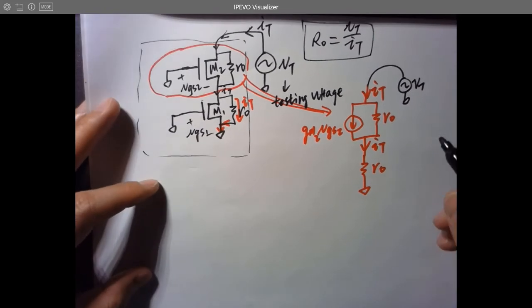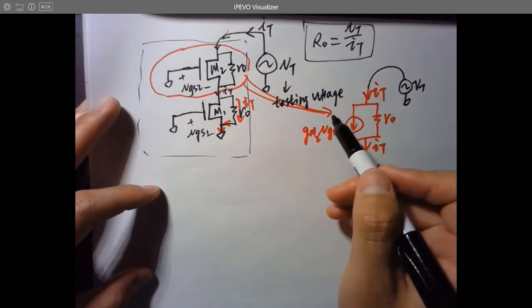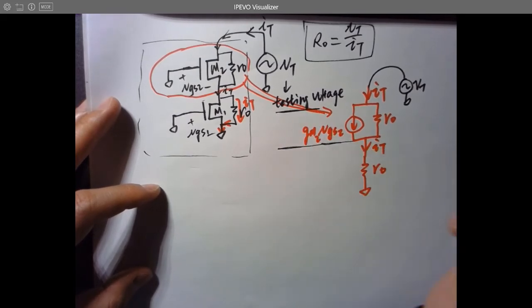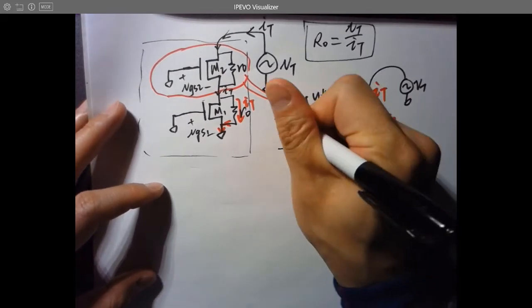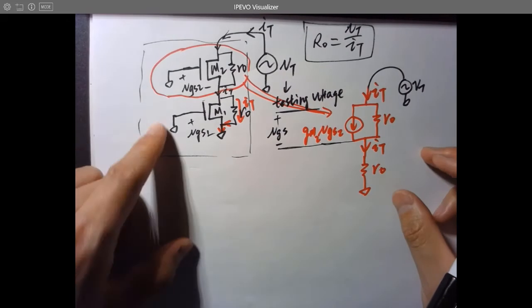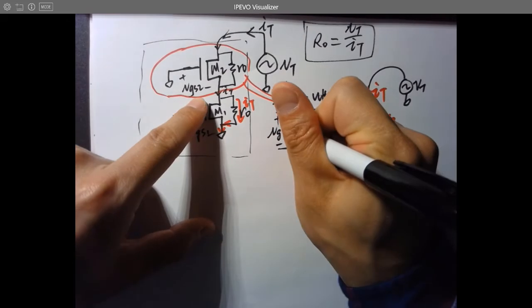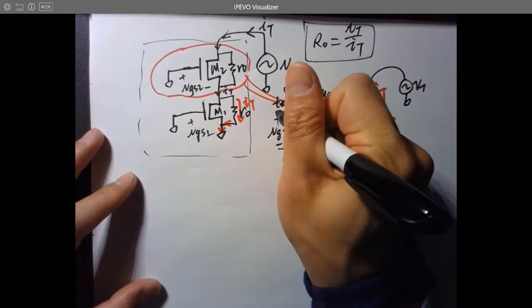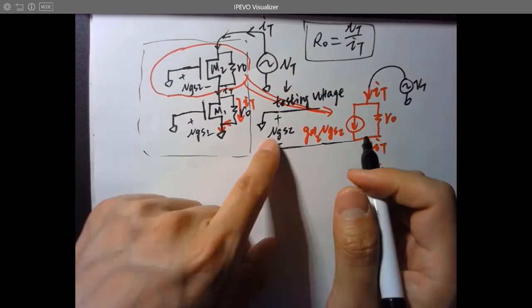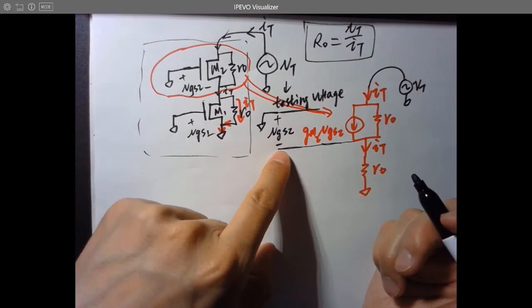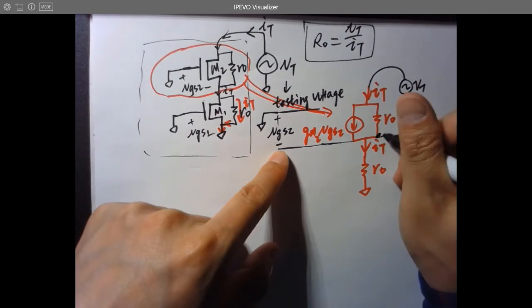Okay. So the first one, since we know that based on this equivalent circuit here, so that's plus minus, what is this voltage? VGS what? VGS2. Okay, and this is grounded. See here, this is grounded. So what's the voltage over here?